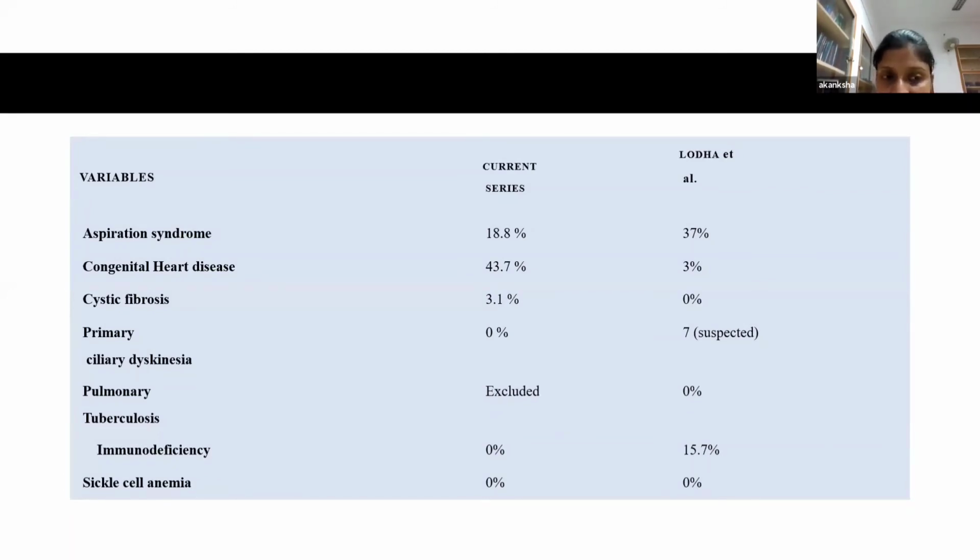Cystic fibrosis they excluded from recurrent pneumonia, and they found it as a cause of persistent pneumonia, and 7 patients of PCD were found in their study. Pulmonary tuberculosis was excluded by us; they found it as a cause of persistent pneumonia. Immunodeficiency disorders were present in 15.7% of their patients. We sent samples for 4 patients for PID workup, but none of them came out to be positive.